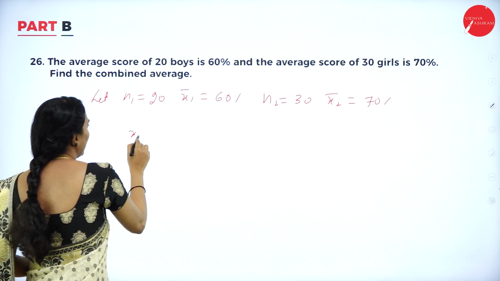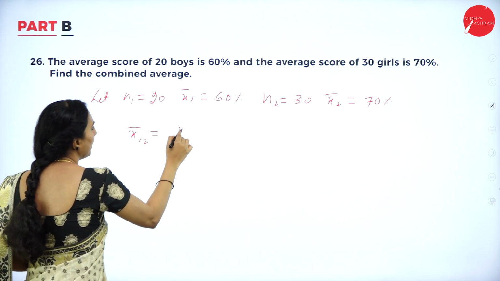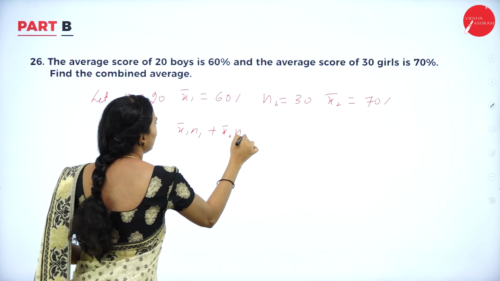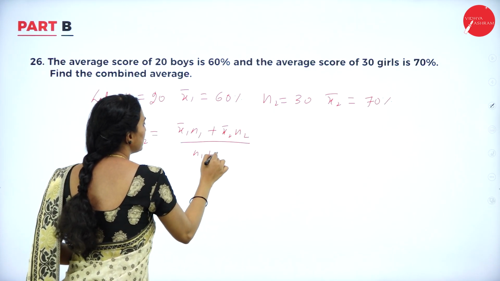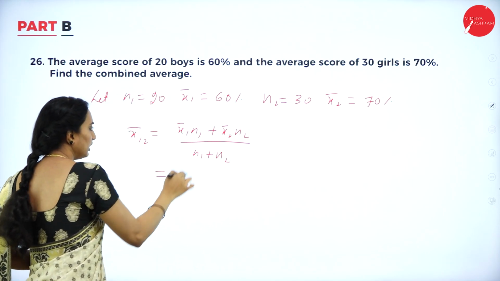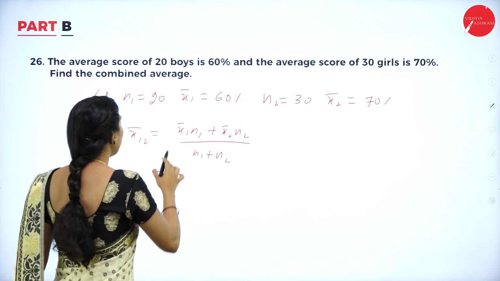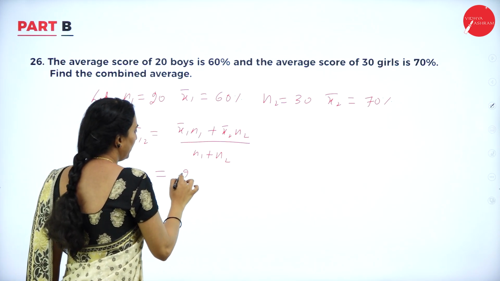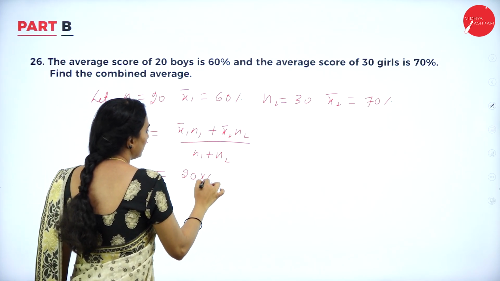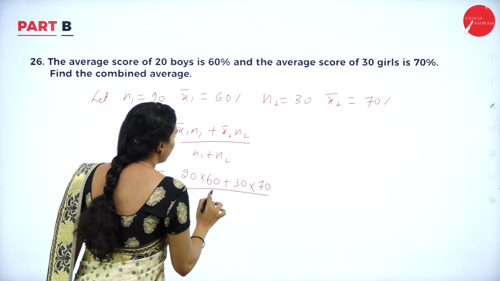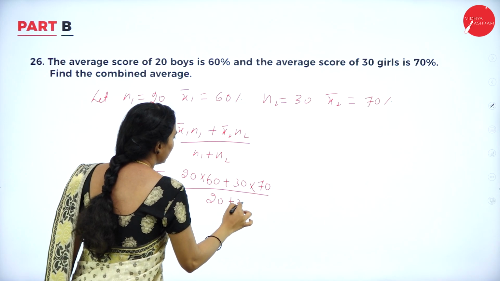So combined average is what? x bar is given by x1 bar n1 plus x2 bar n2 divided by n1 plus n2. So writing this formula is very important, and this is one mark. Substituting, 20 into 60 plus 30 into 70 divided by 20 plus 30.